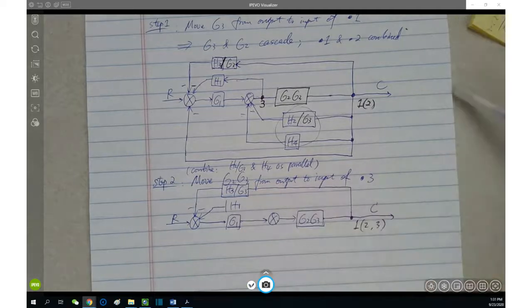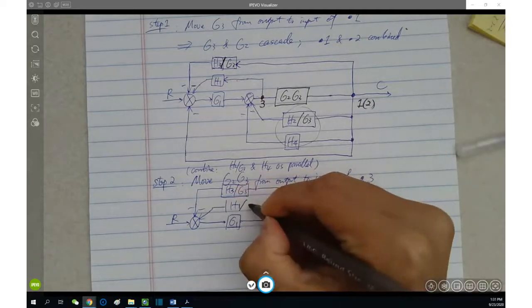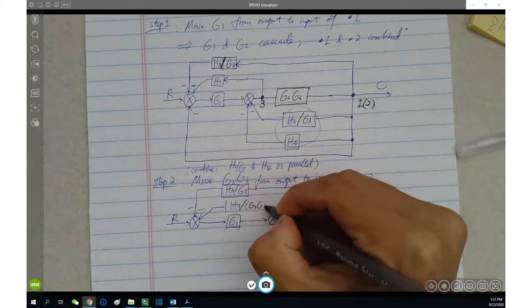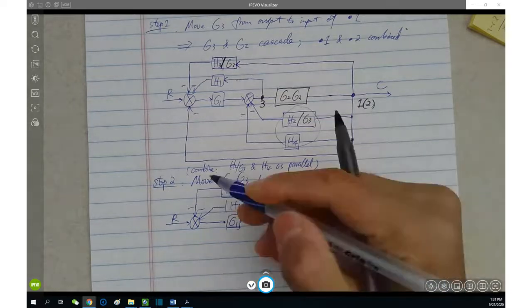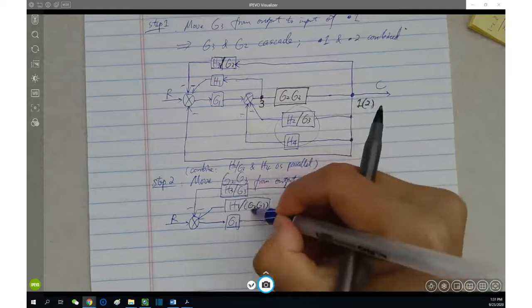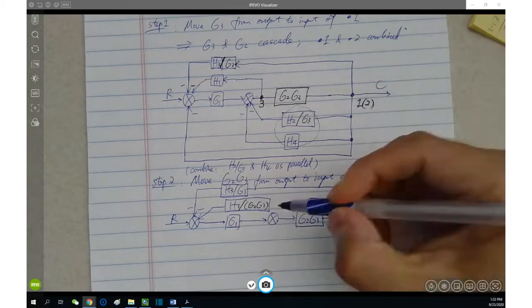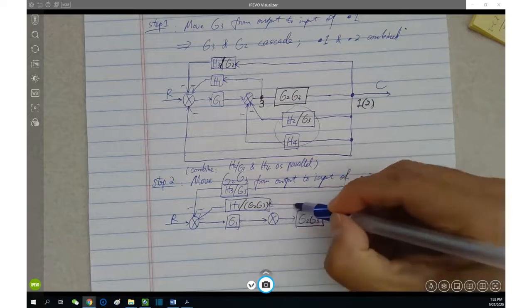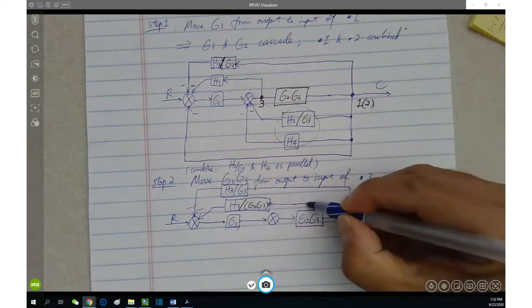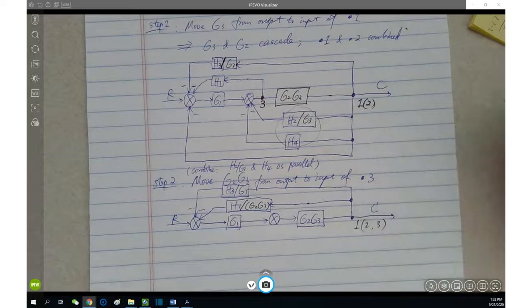H1 divided by what? G2 times G3, right? Because you're moving G2 times G3. And where is this end going? Just here. Does that make sense?